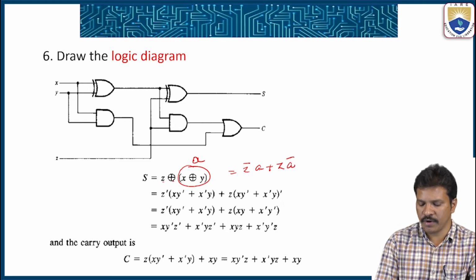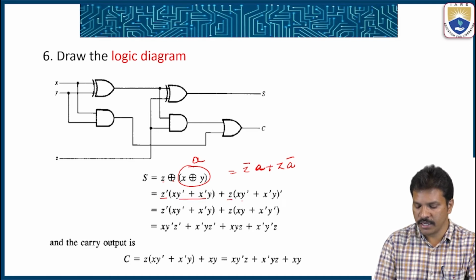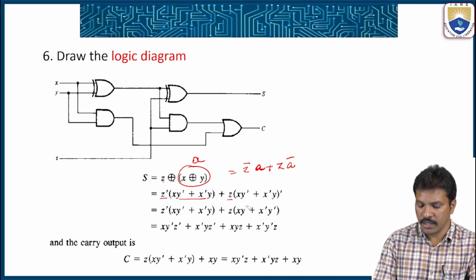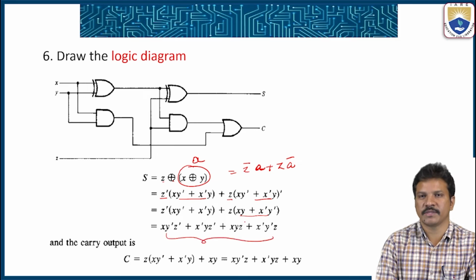And we substitute whatever A we consider: X XOR Y is X bar Y plus X Y bar. If you substitute this one, it is Z bar, it is A, it is Z, it is A bar. When we perform this complement we can take it as an XOR gate. Then substituting the Z bar into this expression, you will get the sum expression.